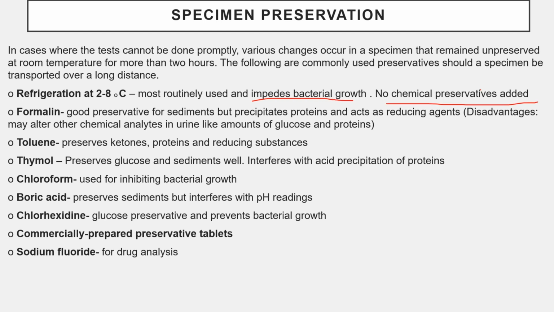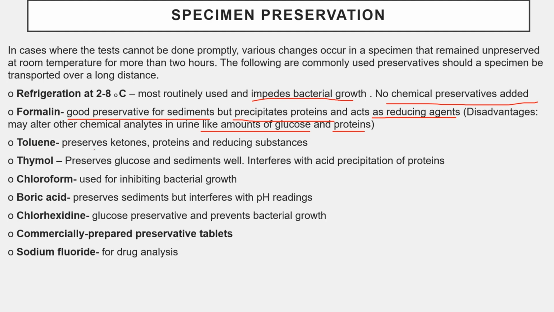No chemical preservatives are added. Then the second type is your formalin. So this is a good preservative for sediments. But its drawback or negative effect is that it would precipitate protein and would act as a reducing agent. So it may alter other chemical analytes in urine, like the amount of glucose and protein.